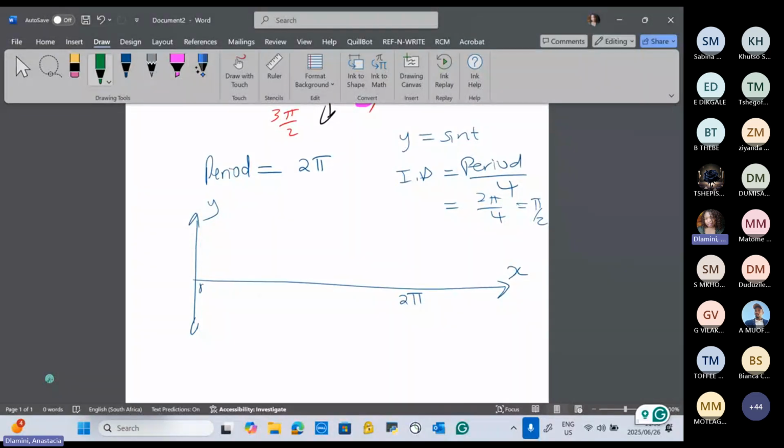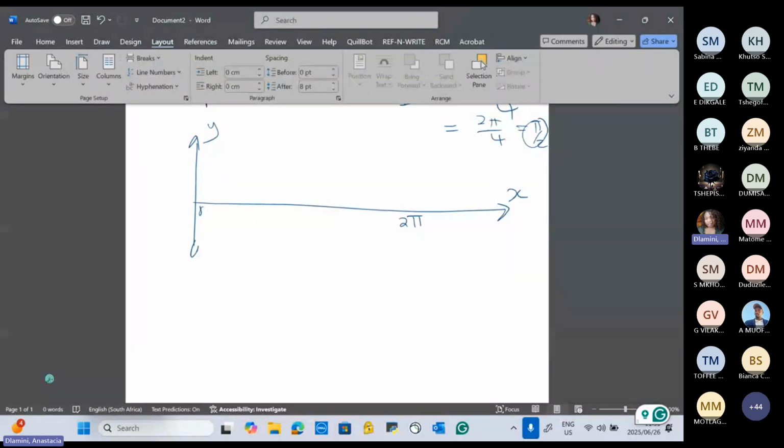So from 0, how do we write our interval? We say, okay, from 0, we then add pi over 2. 0 plus pi over 2, what do we get? Pi over 2. So pi over 2 plus pi over 2, we get 2 pi over 2, which is pi, isn't it?